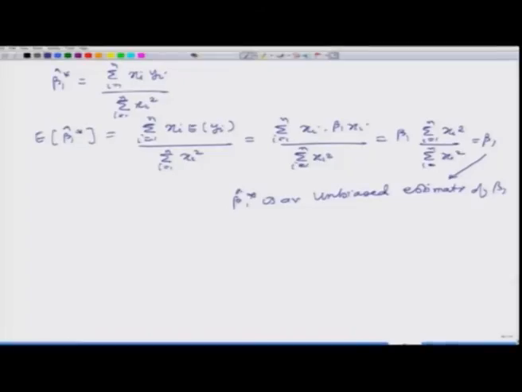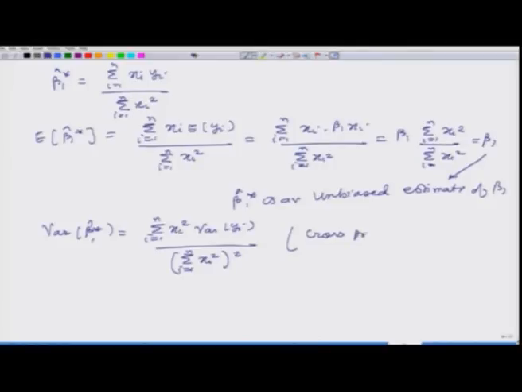Right. Similarly, if I try to find out the variance of beta 1 hat star, this is nothing but summation i goes from 1 to n xi square variance of yi divided by summation i goes from 1 to n xi square whole square, and the cross product terms become equal to 0 because we have assumed that y1, y2, yn are independent, and we already have established that variance of yi is sigma square.